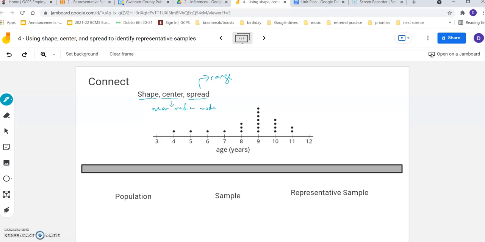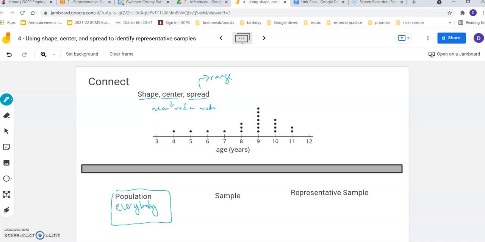Other things, we talked yesterday about population, sample, and representative sample. So like if this is, I think this was supposed to be the age of people seeing some movie. So population would be like everybody who saw the movie. And it's often hard to ask, like, how old are people who want to see this movie? It's hard to ask everybody because if millions of people see a movie, you can't ask everybody, but that's what that means.